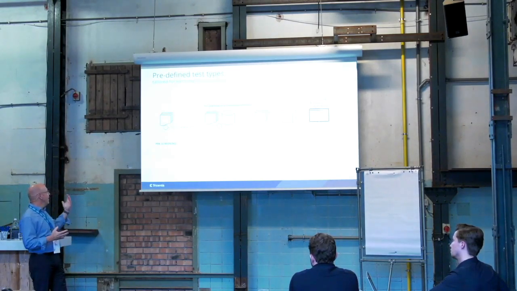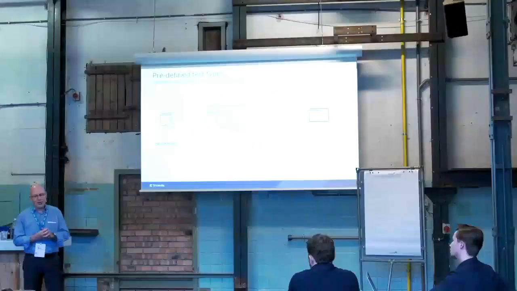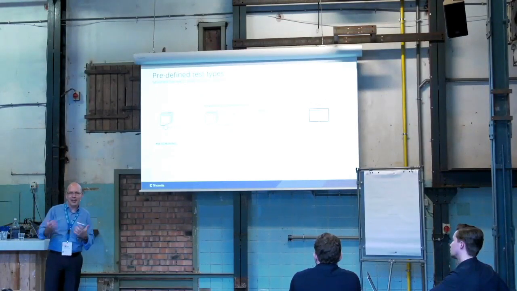And this continues. You can check for data types of columns. In a CSV file, you can write anything in every column. But if you have a column that's supposed to have only numeric values, there is a test type which lets you test this. And it goes on to data content checks, value range verifications, for instance.